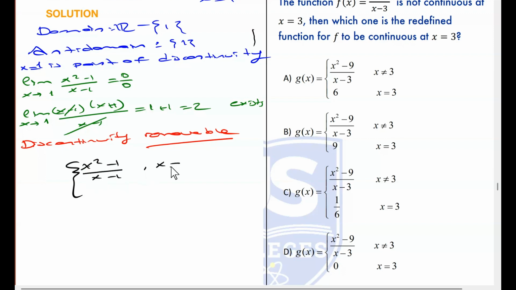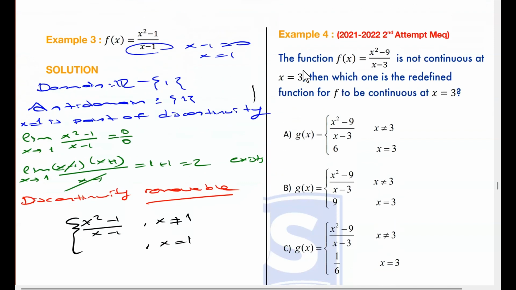This is for the x is not equal to 1 case. For the x is equal to 1 condition, I am just going to write the value of the function. What is the value of the function? At 1, it is undefined, 0 over 0. I can't write this.